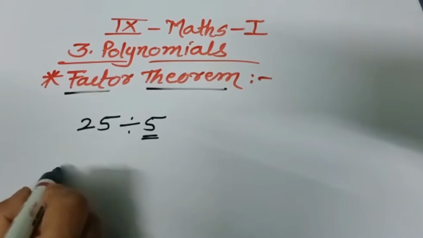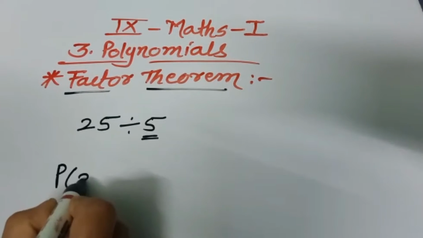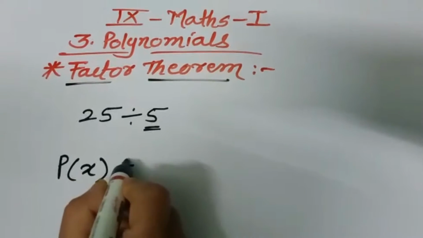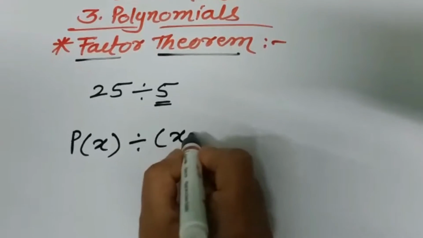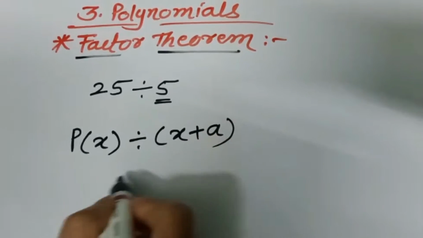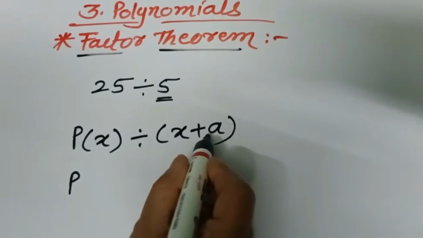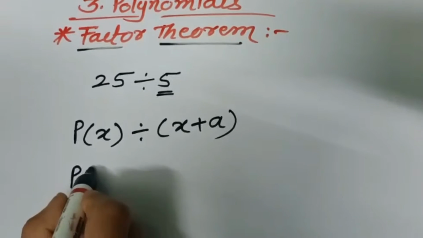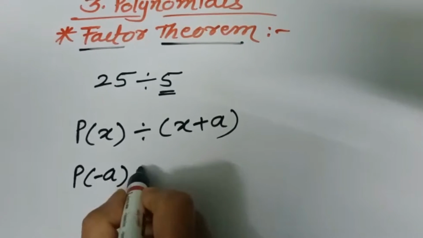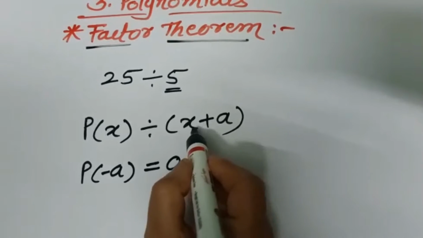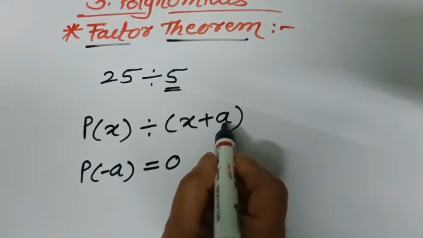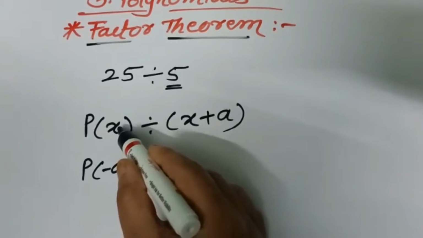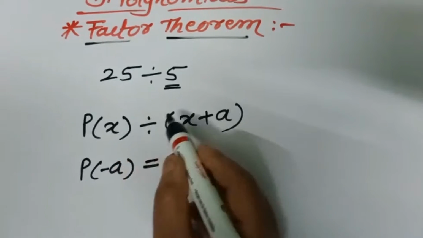Likewise, if a polynomial in x is divided by a divisor, suppose it is x plus a, then after putting the opposite value of that divisor in that polynomial, if we get remainder 0, then we can say x plus a, that divisor, is a factor of that polynomial. Understood what I said?